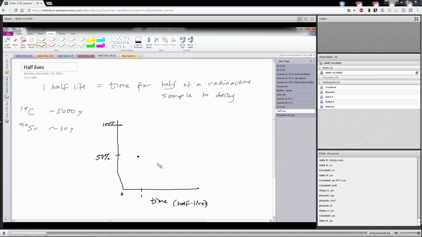Okay, so then going to 2 half-lives, I get half again of my sample. So instead of 50%, I'll be at 25%. So one half-life to get here and lose half my sample. Second half-life, I go here and I lose half of my sample from the last data point.